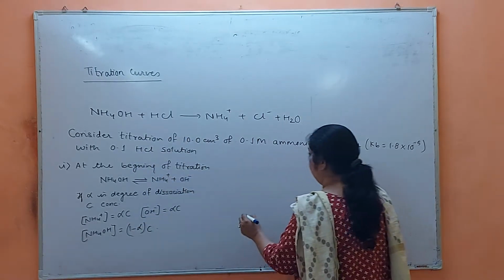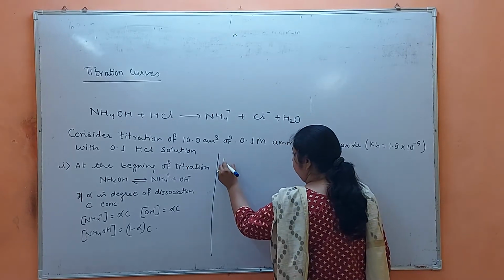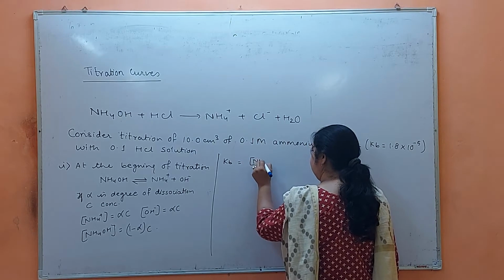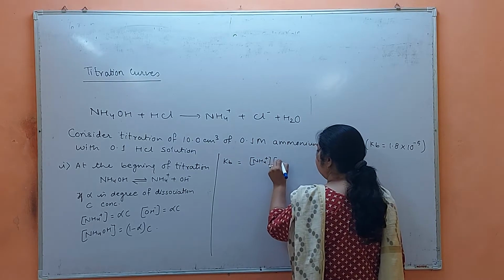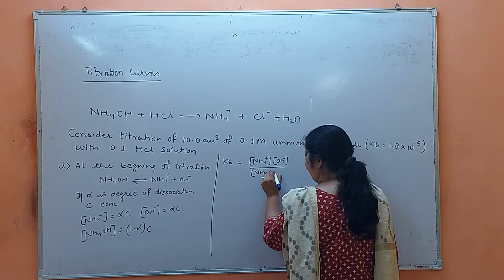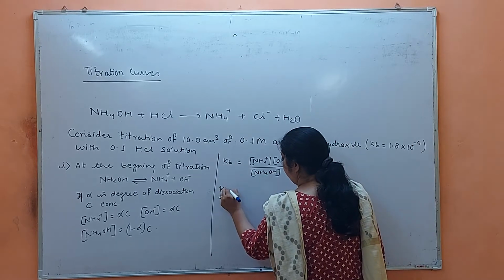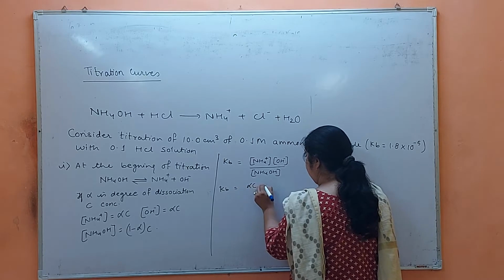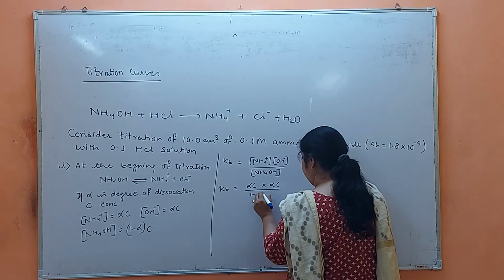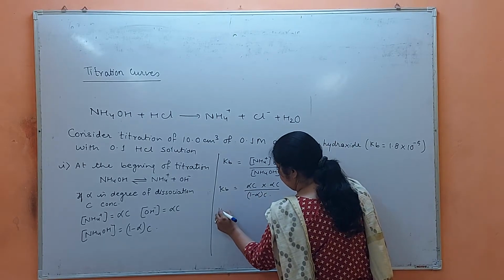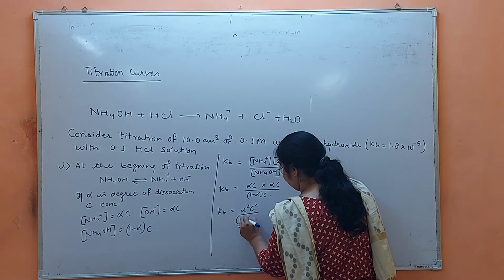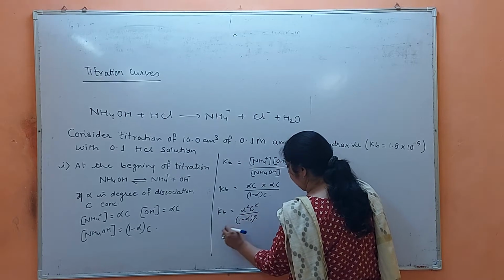So now here Kb will be equal to NH4+ into OH minus upon NH4OH. So Kb will be equal to alpha C into alpha C upon 1 minus alpha into C. Now see, this will be equal to alpha square C square upon 1 minus alpha into C. This C and C square get cancelled.